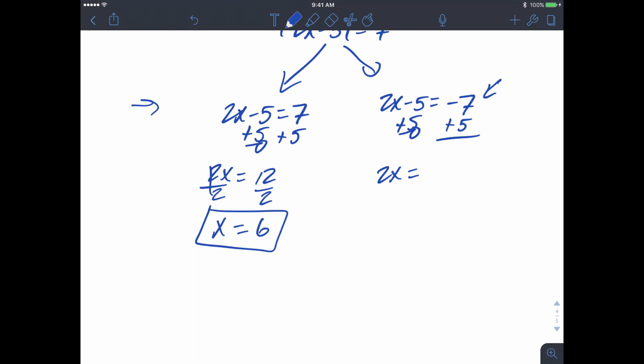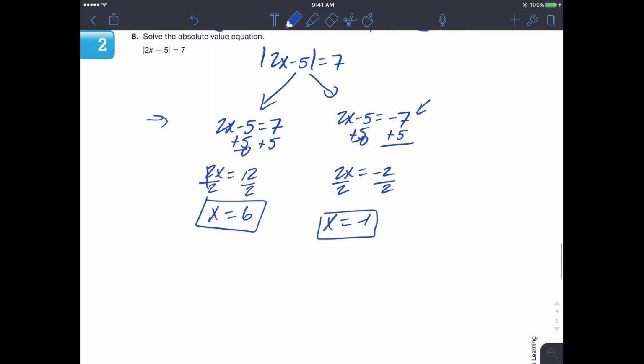They still owe you $2. So you're still negative $2. Again, that's how I used to think of it when I was growing up. Now we go ahead and divide by 2. Divide by 2. x equals 2 divided by 2 is 1. But since there's a negative, x is negative 1. And there you go.